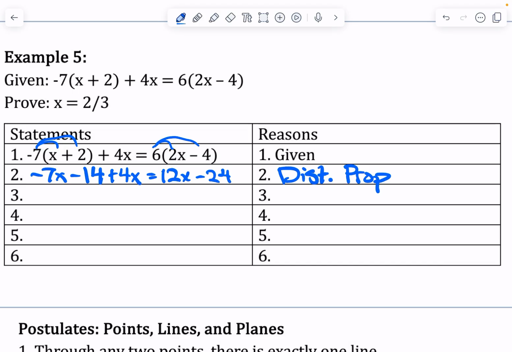Okay, now we have options here. What I see on the left side, I see those two x's, so I'm going to combine those. -7x and 4x is -3x minus 14 equals 12x minus 24. And we haven't talked about a step for that, but that's really just combining like terms.